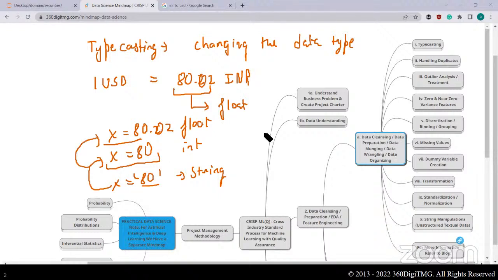But when you have x equals 80 as an int value and convert it to float, this becomes x equals 80.00. So this does not retain its 0.02. That is something you have to keep in mind whenever you're performing typecasting. If the decimal value is important, instead of using x, you can maybe use x1 or x2, something like that.